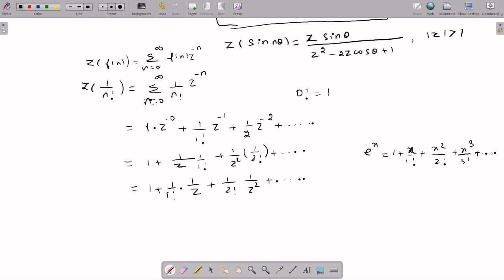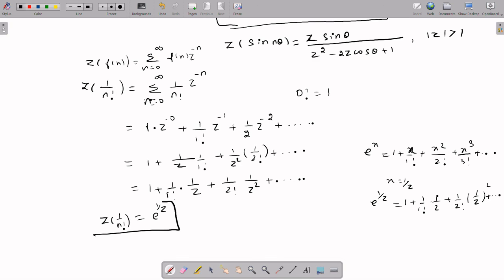In the place of x we have 1 by Z. So e power 1 by Z is equal to 1 plus 1 by 1 factorial into 1 by Z plus 1 by 2 factorial into 1 by Z the whole square plus etc. So this is the Z transform of 1 by n factorial formula: e power 1 by Z.